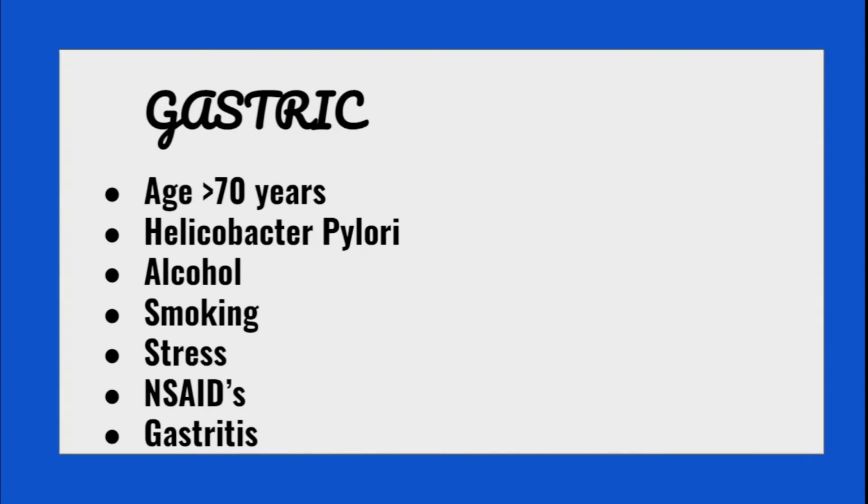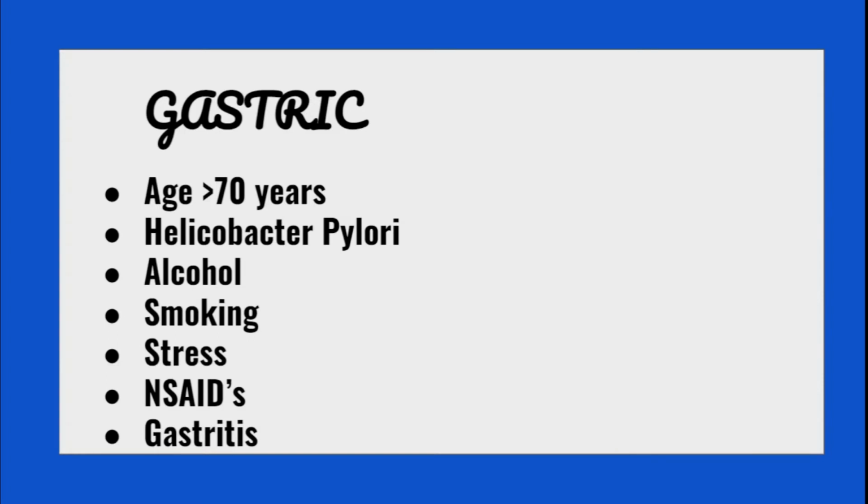NSAIDs irritate the mucosal lining of the stomach. Hence people say we shouldn't take painkillers or any antipyretics every now and then whenever there is a slight headache or anything. This is because not only are there liver damages but also simple diseases like ulcers.